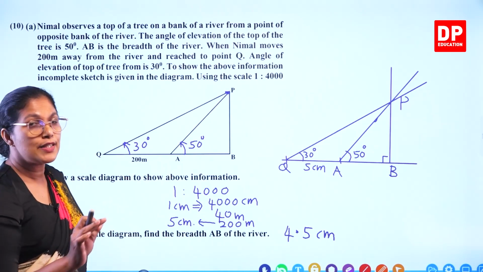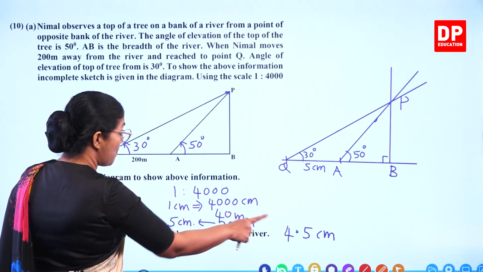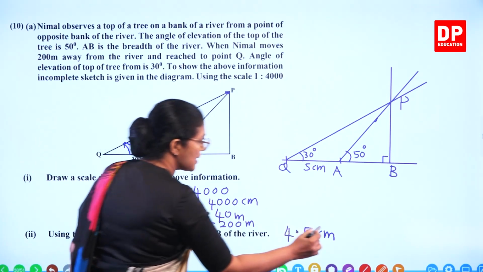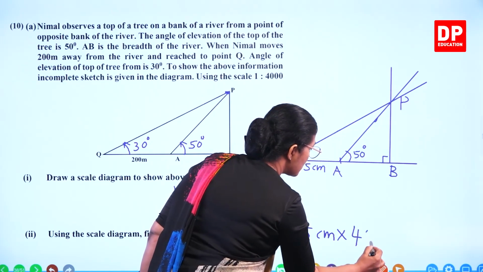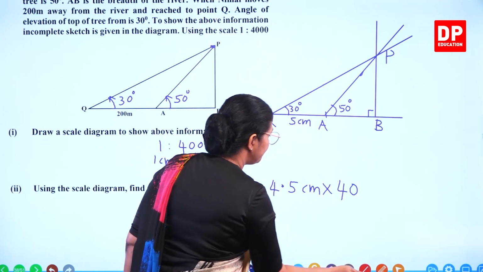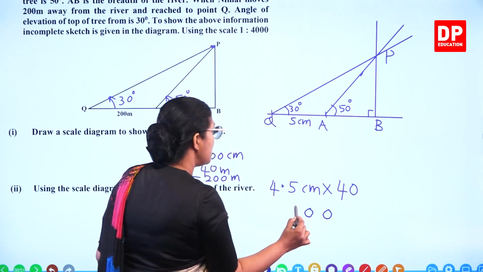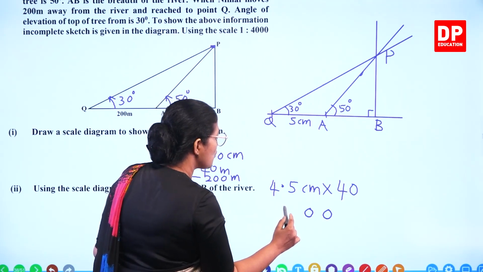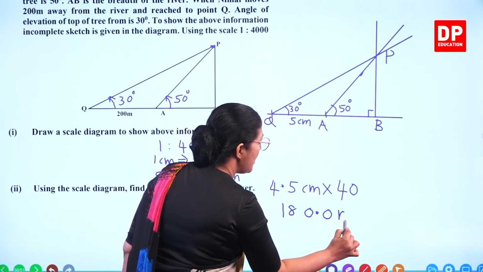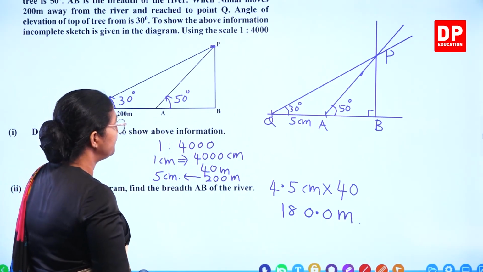You have to multiply this by 40, because 1 centimeter represents 40 meters. You get the actual breadth of the river. 4 times 5, 20. 4 times 4, 16 plus 2, 18, and put the 0. So 180 meters is the breadth of the river.